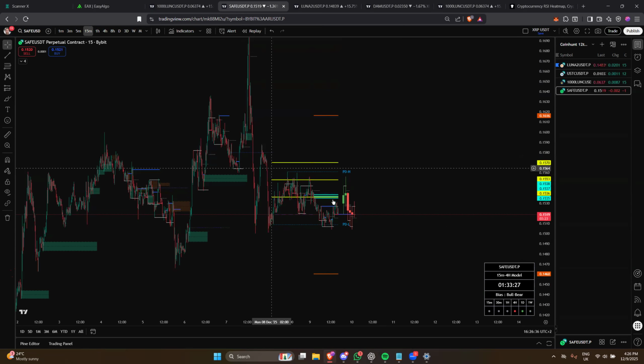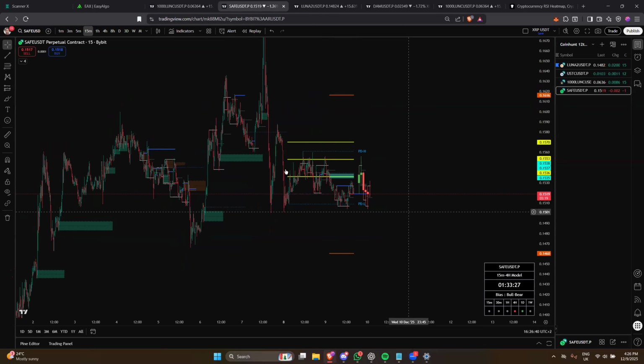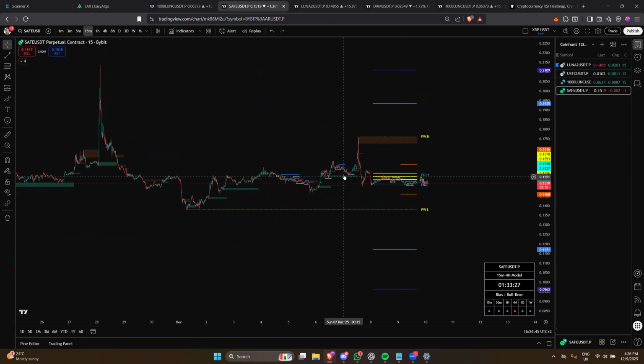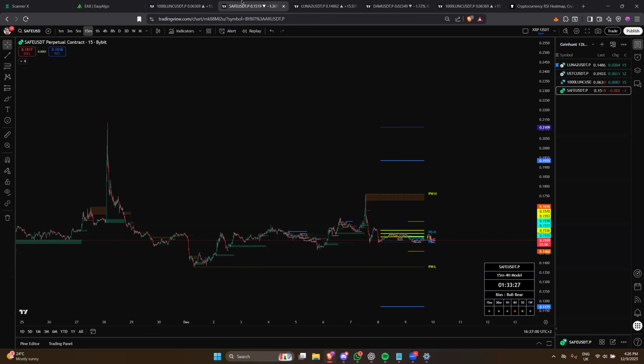Previous day high and low is obviously showing that price needs to expand out of it, but price is in the middle at the moment. So if anything, it would need to sweep below and then continue to the high. That's why you'll see on safe, its RSI is on 48, which is showing you that it's in the middle. So if anything, I would wait for this to hit some form of extremity. I hope that helps.